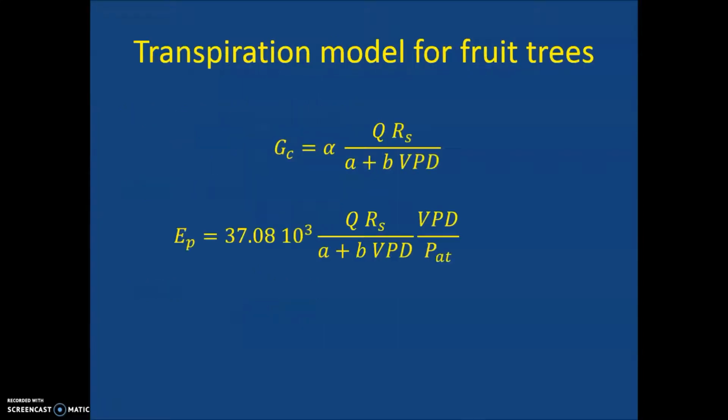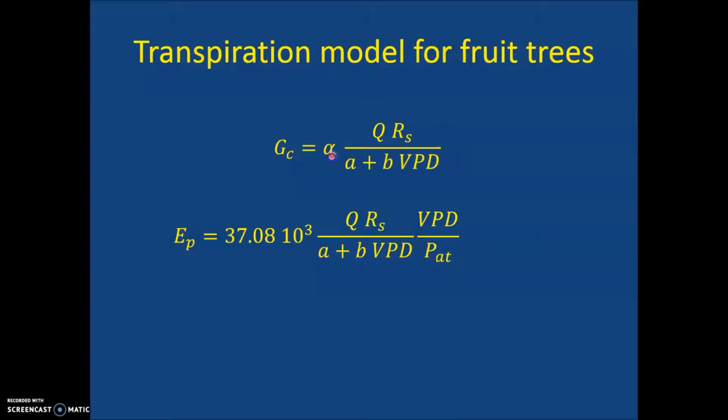When we apply that to trees, we have assumed that canopy conductance, Gc, is proportional to tree photosynthesis. The proportionality constant is the radiation use efficiency, and the amount of energy is given by the intercepted solar radiation.